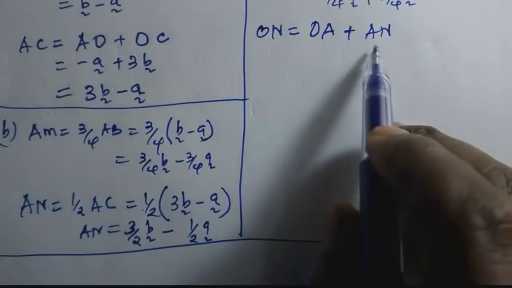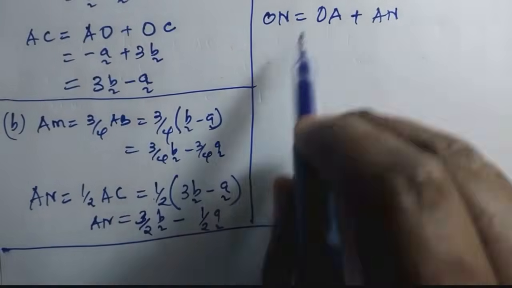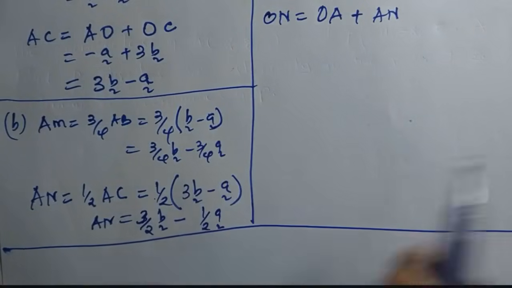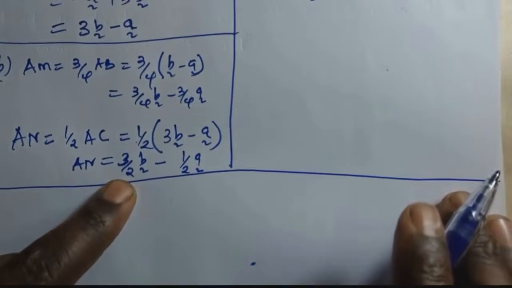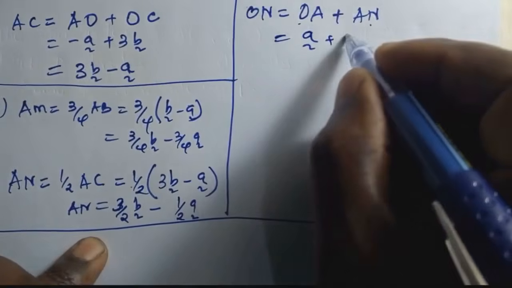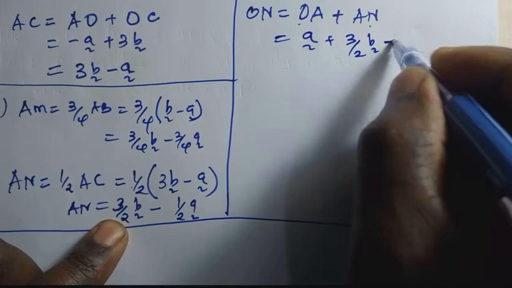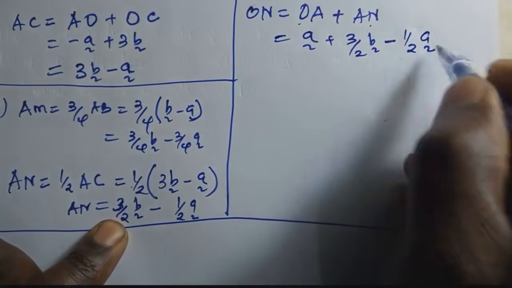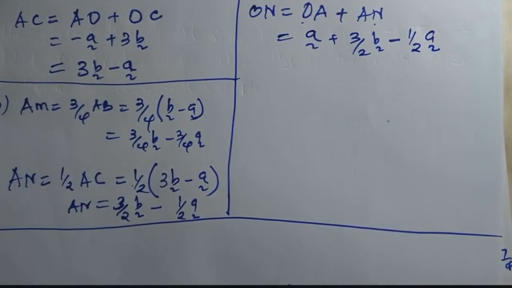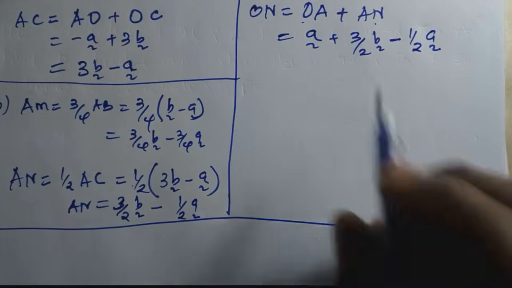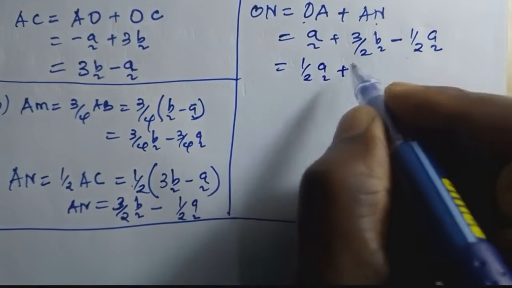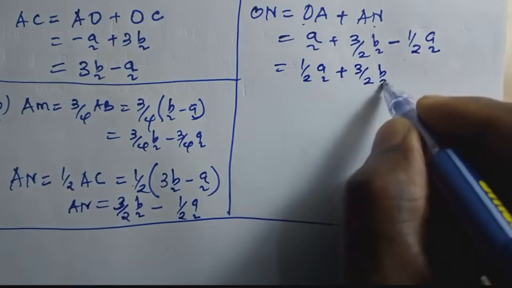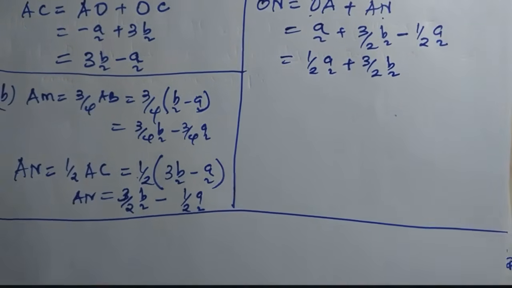We want to express ON in terms of B and A. ON is A plus AN, and our AN is 3 over 2B minus 1 over 2 vector A. So we collect like terms together. 1A minus half A is going to be a half A plus 3 over 2B, and that is our ON.